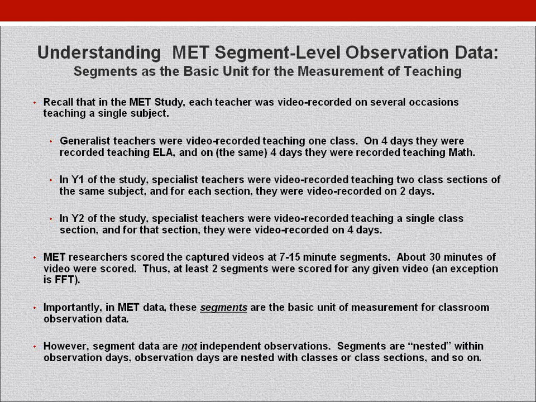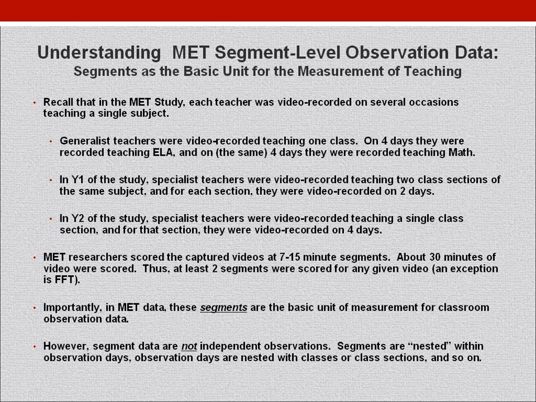Now, the MET researchers took the videos and scored them with the observation protocols. The observation protocols typically assigned scores for segments of the video. Those segments would either be 7-minute intervals or 15-minute intervals, and usually they scored about 30 minutes of any given video.